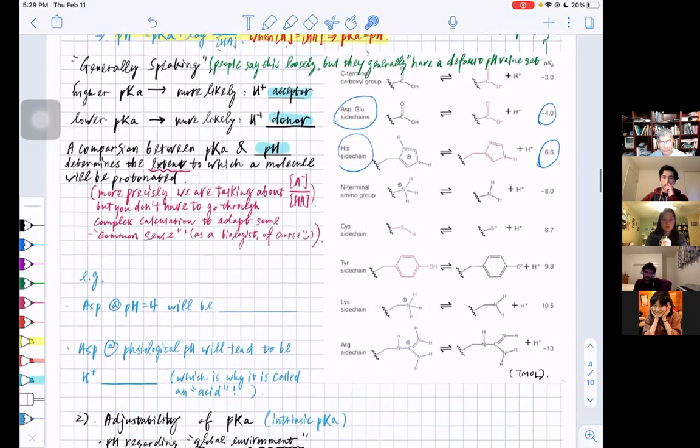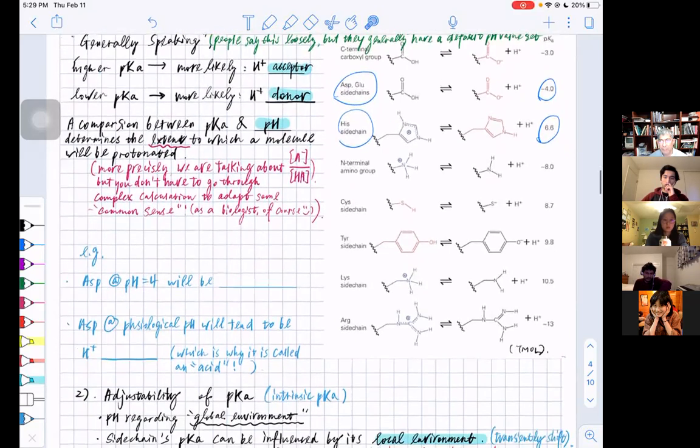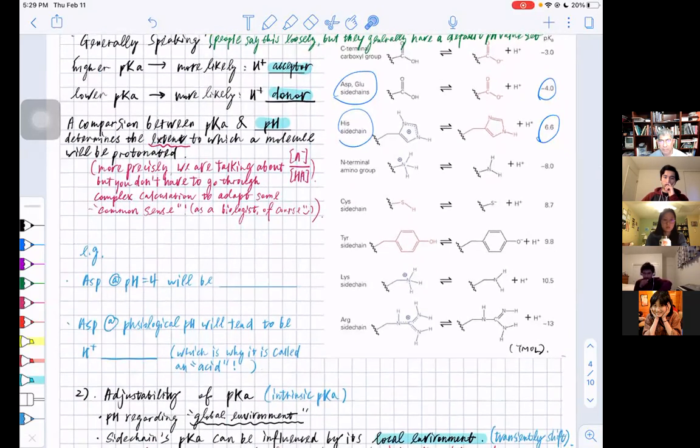For example, aspartate with its pKa of 4 in a pH 4 environment will likely be 50% protonated and 50% deprotonated.